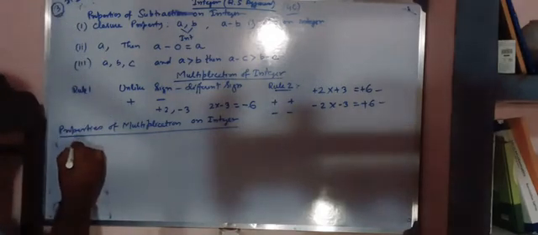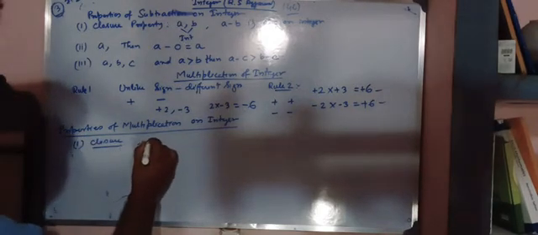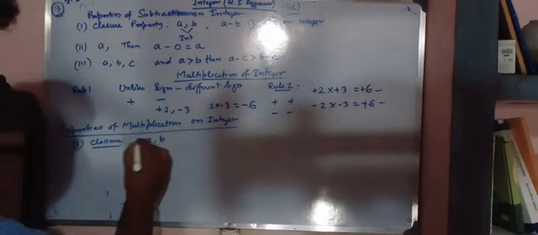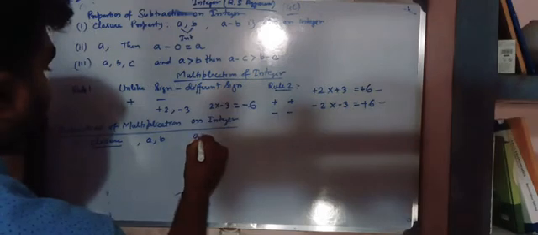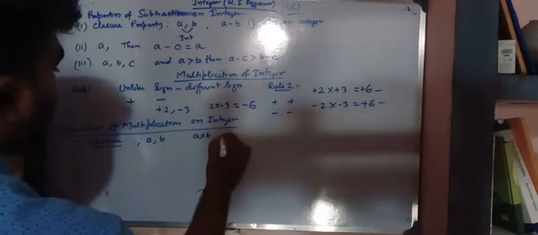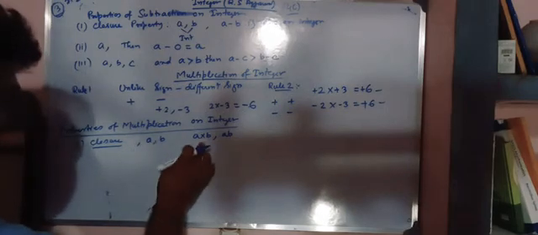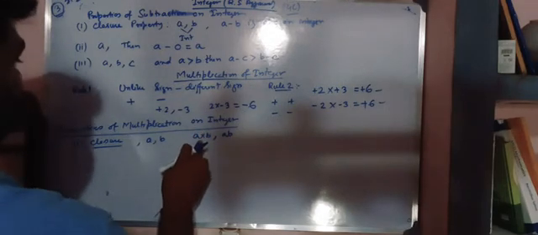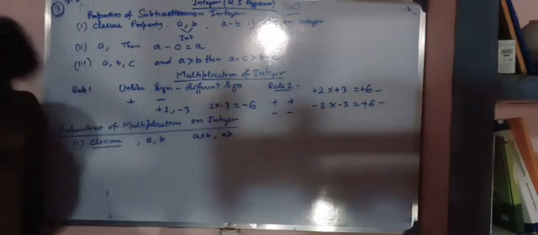First, again, the closure property. If we take two integers a and b, then their multiplication, a into b, or we can write it as ab, is also an integer. That is the closure property. Understood?